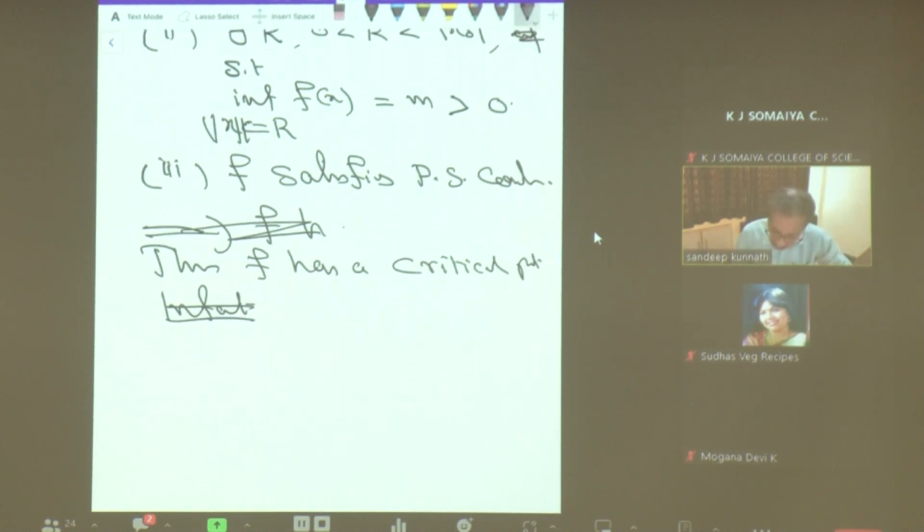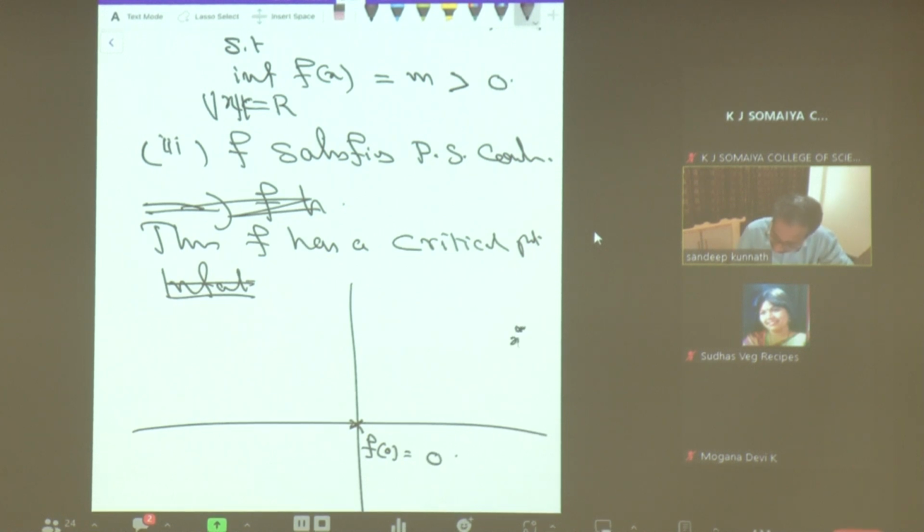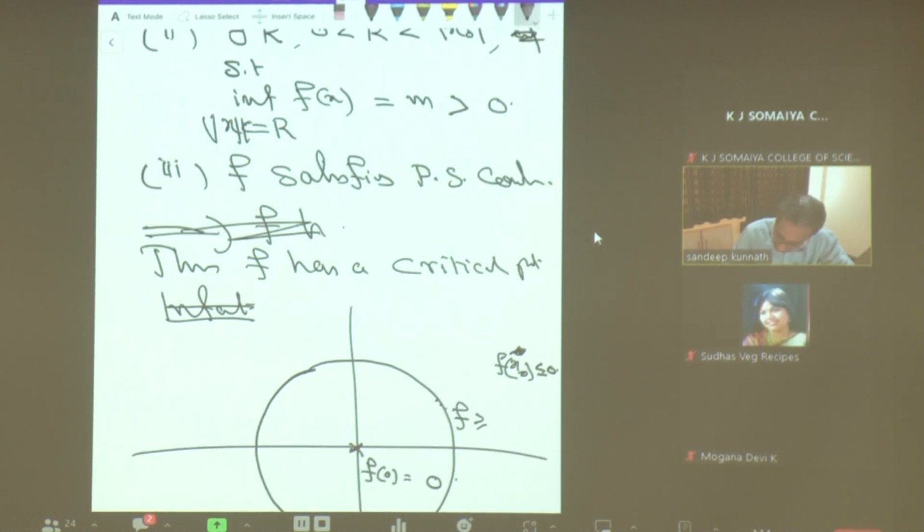So this is my Banach space. f at this point, f(0), is 0. And I have another point here, x0, where f(x0) is less than or equal to 0. Now what it says is that I have a ball here, which separates this 0 and this point, such that on this f is greater than or equal to some m, which is strictly greater than 0.